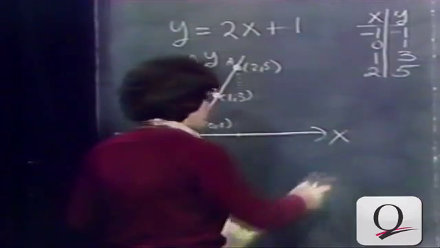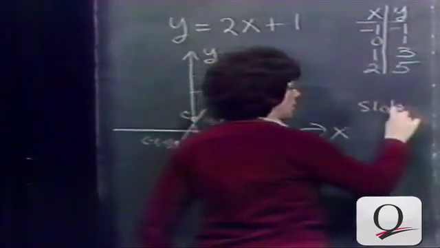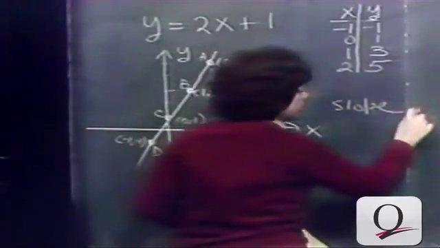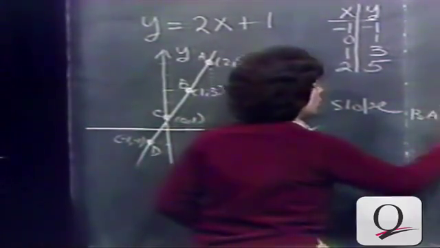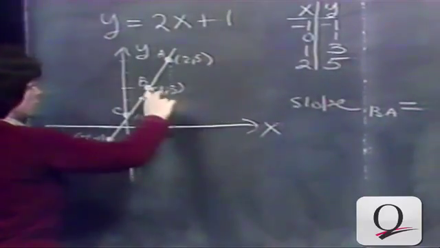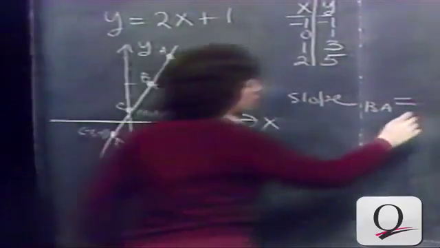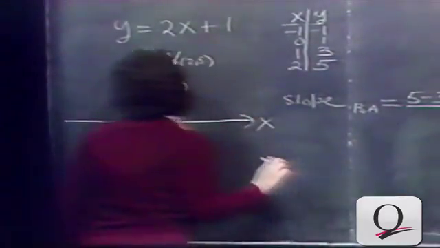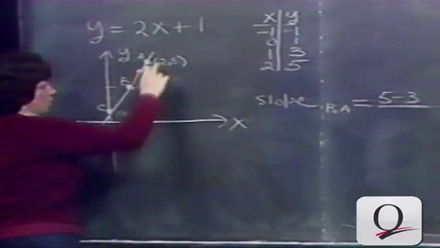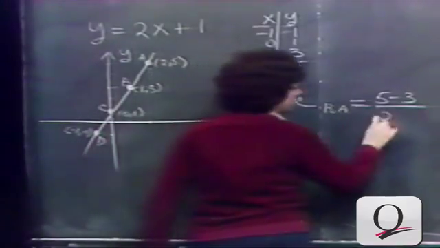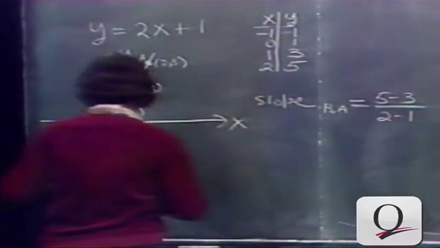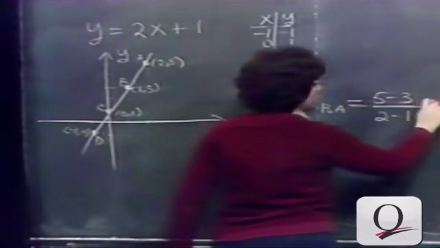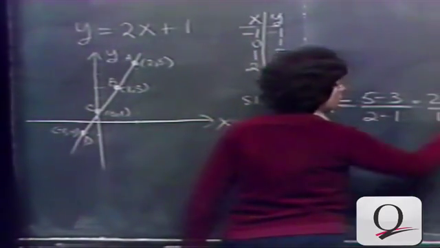So the slope as we move from point B to A: we have a vertical change of +2, which is coming from 5 minus 3, over a horizontal change of 1, 2 minus 1. And we have 5 minus 3 over 2 minus 1, 2 over 1, or 2.